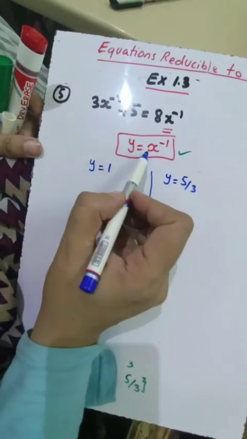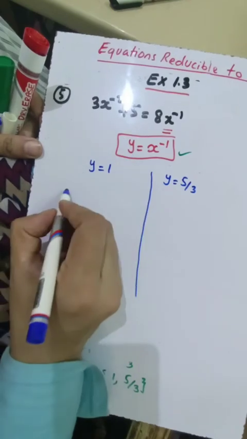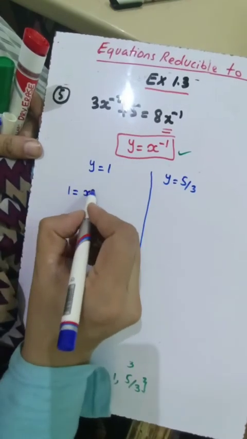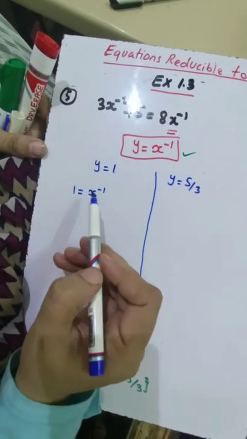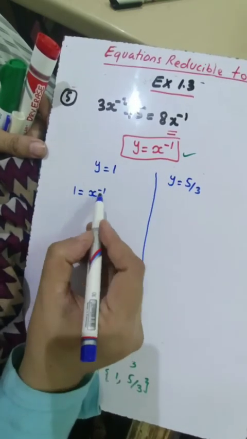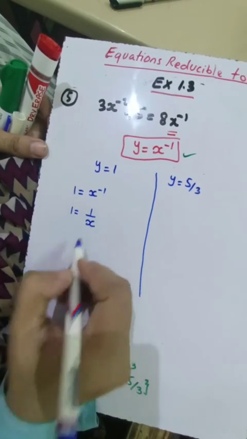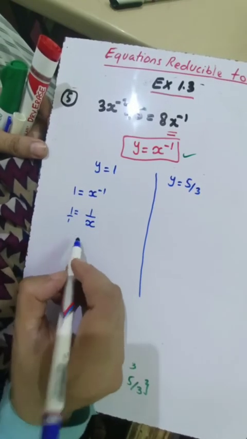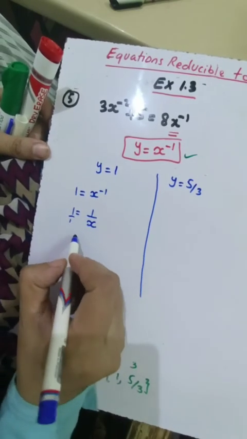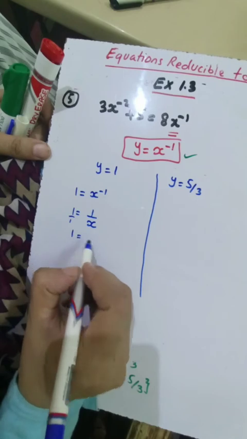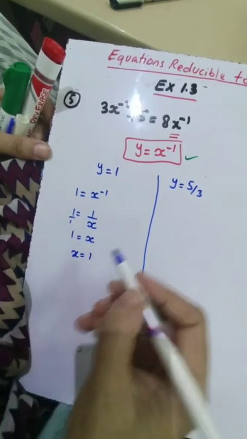If y is equal to 1, then using this expression, put the value of y over here. This will be 1 is equal to x raised to the power minus 1. As we want the value of x to solve this equation, we have to find the values of x from here. We know that x raised to the power minus 1 can be written as 1 over x. So taking reciprocal of both the sides, or taking cross multiplication, any way you want to think, x will have the value of 1, because the reciprocal of 1 is 1.